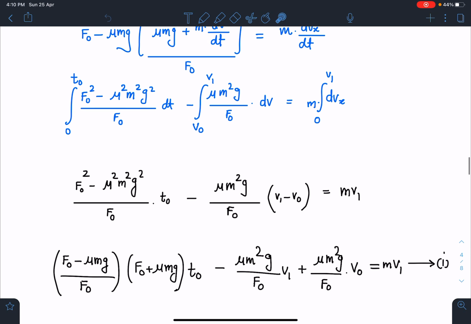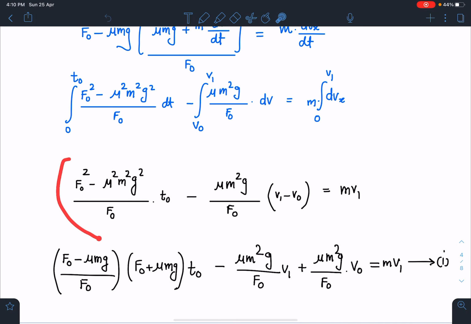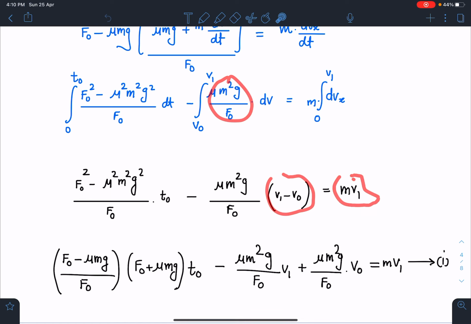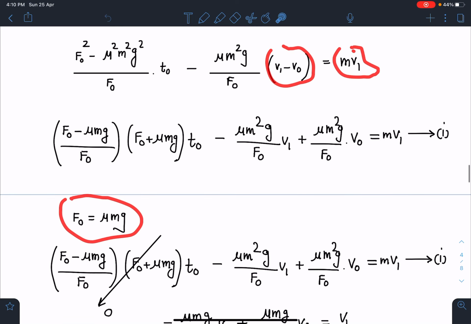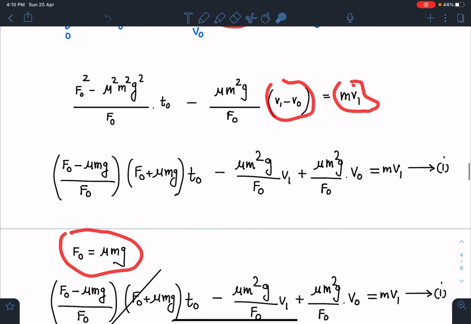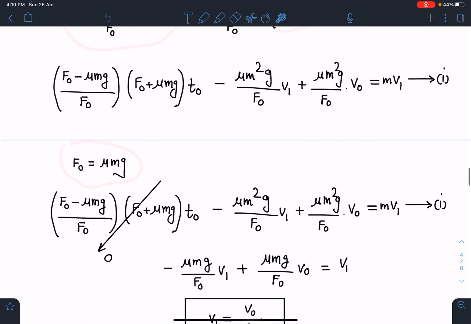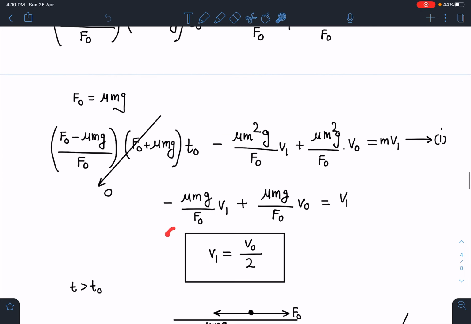So when I simplify, I'm going to get this term t0, I'm not explaining it, you can see here this coefficient times v1 minus v0 and m v1. Now if I substitute f0 is equal to mu mg and simplify, the purpose here is basically that this term will become 0 directly, and when you simplify this, you are going to get v1 is equal to v0 by 2.